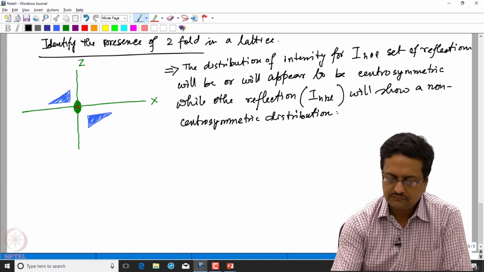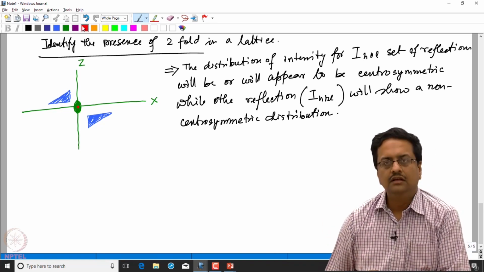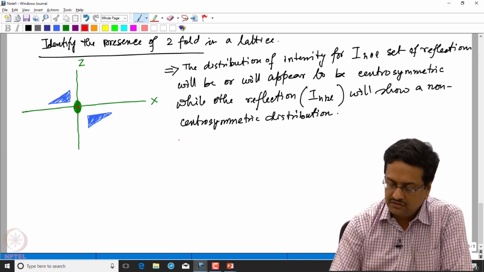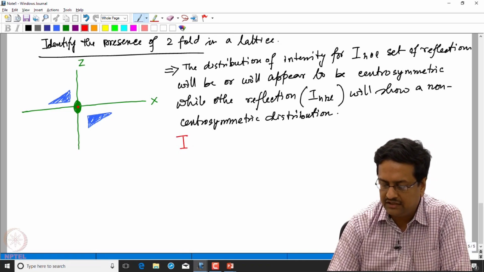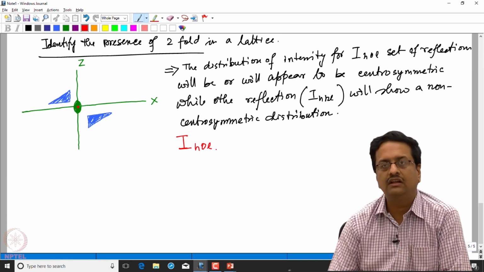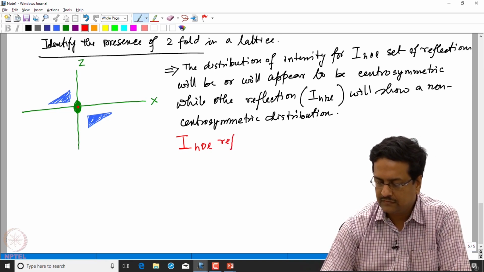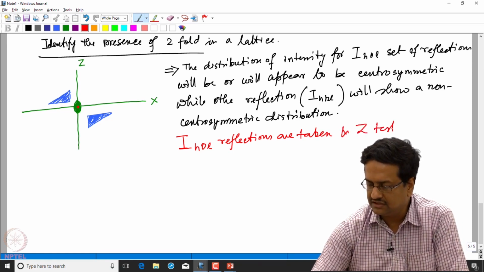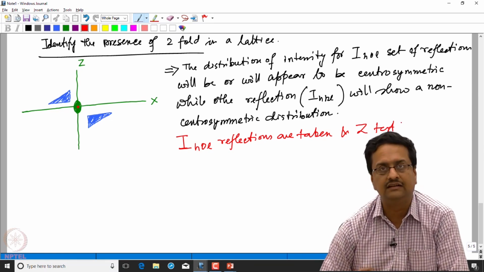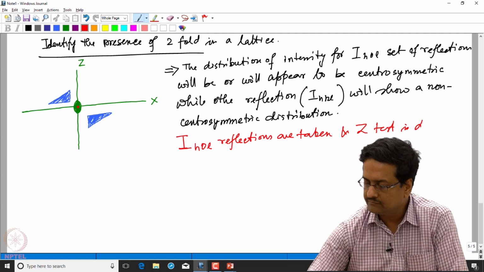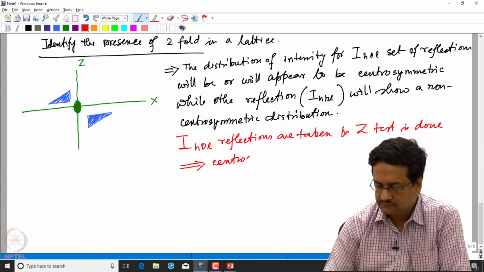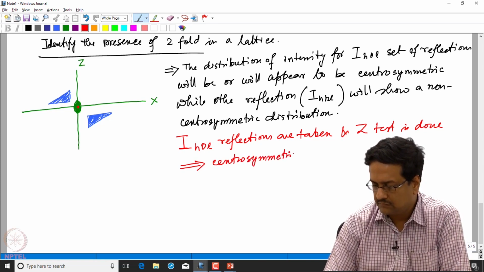So, what do we mean? We mean that if the test for centrosymmetry is done with reflections which have Miller indices like H0L, so all H0L reflections are taken and the Z test is done, like we did in the previous class, this would indicate a centrosymmetric distribution.